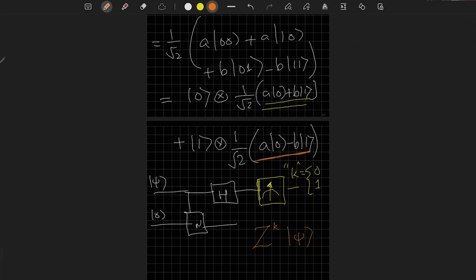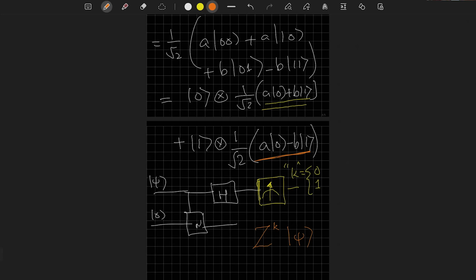What this has achieved is you have implemented a Z gate on the second qubit, provided you have knowledge of the measurement outcome on the first qubit. So this measurement outcome k is available to the observer here.